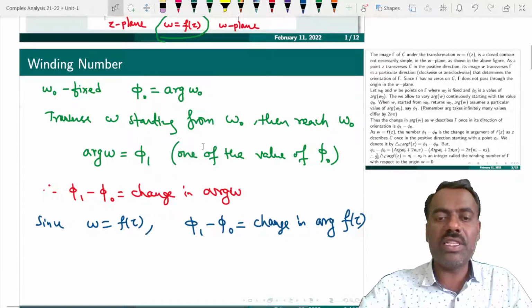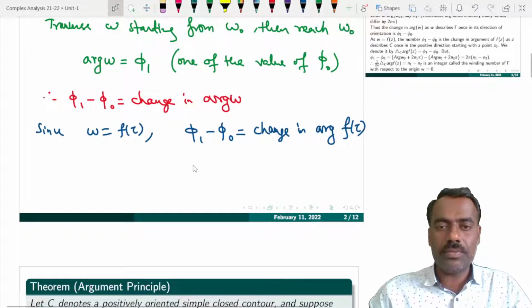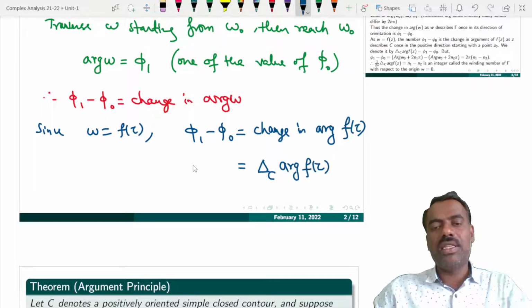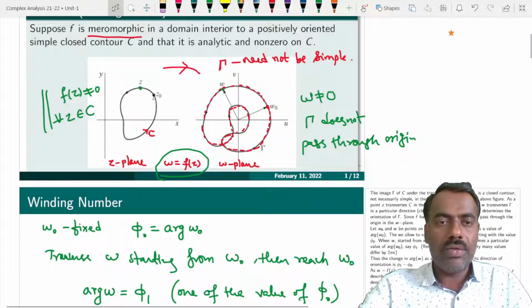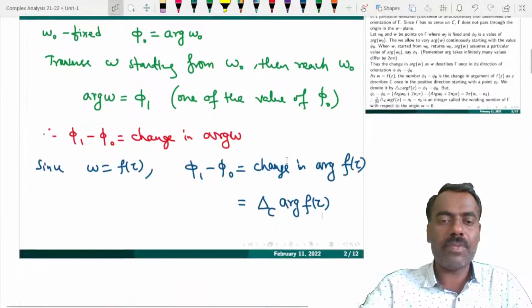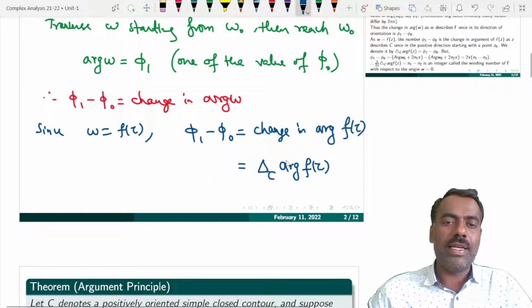We will denote this by delta C argument of f of z. This delta C just denotes the change when you traverse around this path C. That is our phi 1 minus phi naught, right?